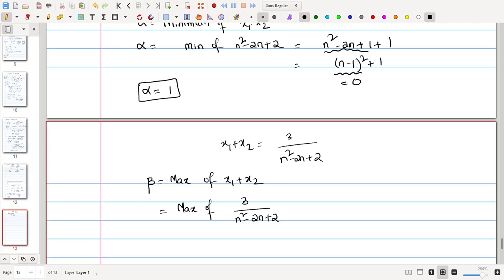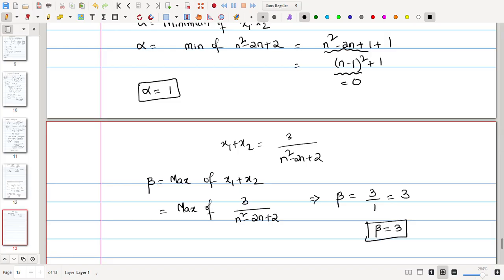Whenever the denominator becomes minimum. We already found the minimum value of this, which is 1. So the maximum value, beta, will be 3 by 1, which is equal to 3. Okay, so beta value also we got, which is 3.